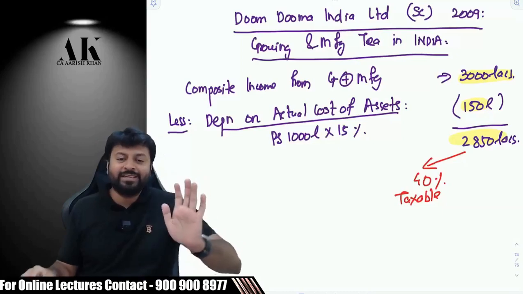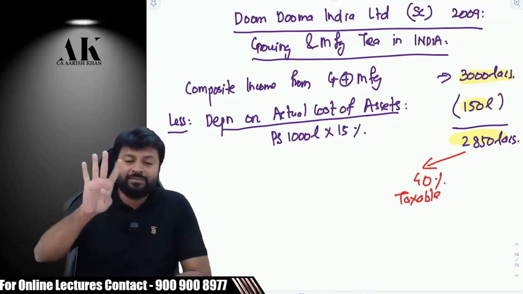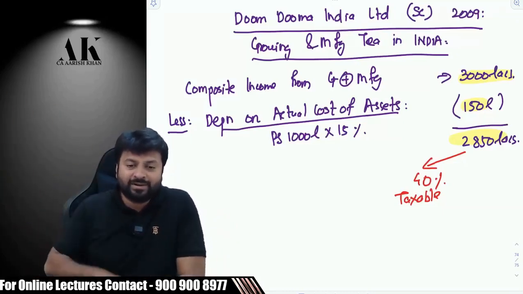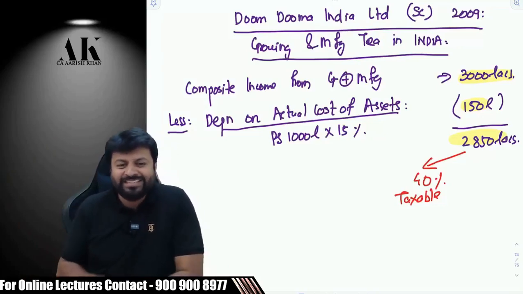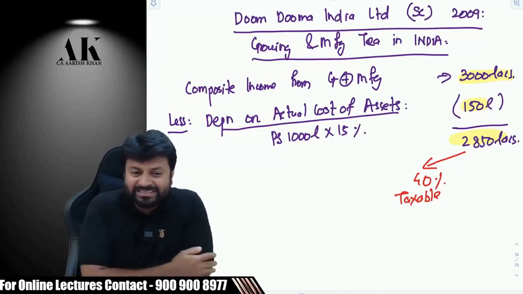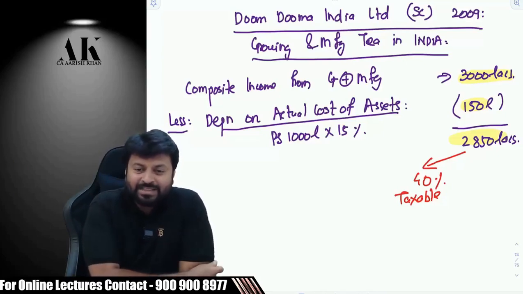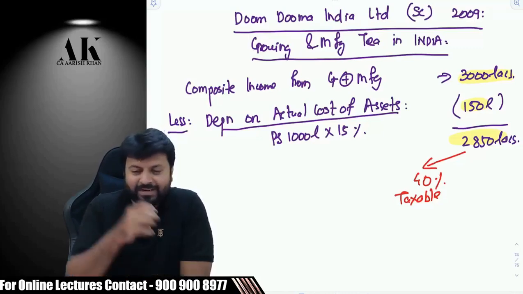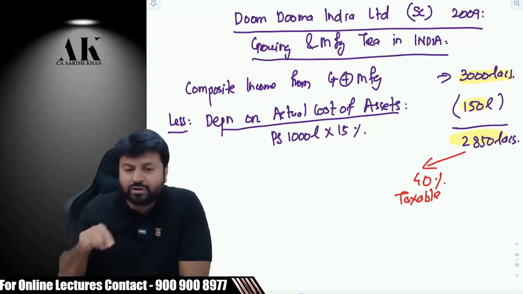If you are engaged in growing and manufacturing tea, 40% is taxable, 60% is exempt. That was for tea, coffee and rubber. Do you remember that, Vignesh? You should remember, Palani, that was a very important issue in CA Inter. Even in CA Final it is important.